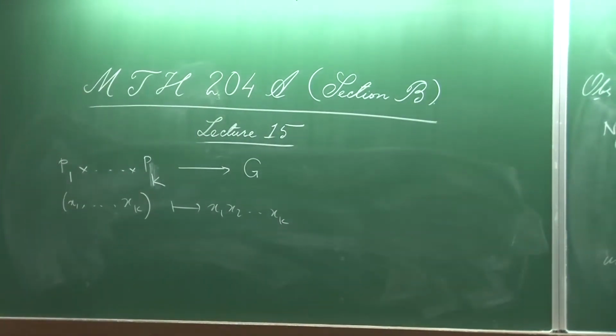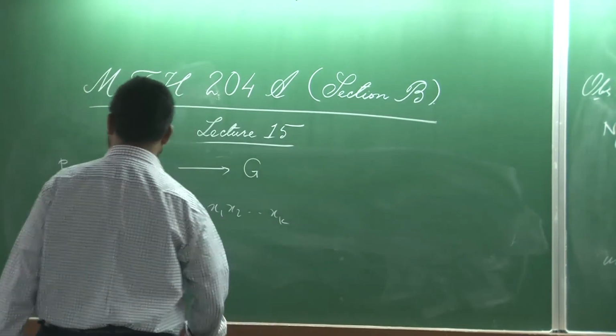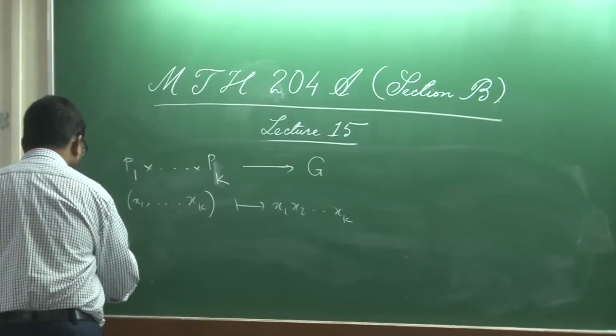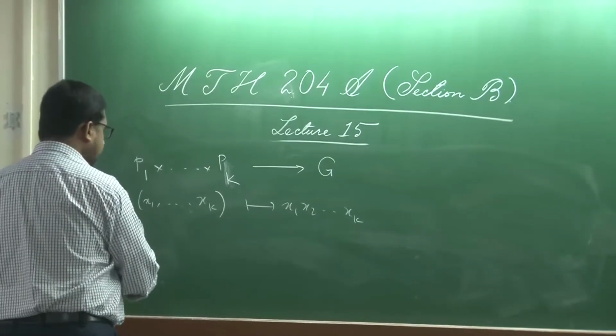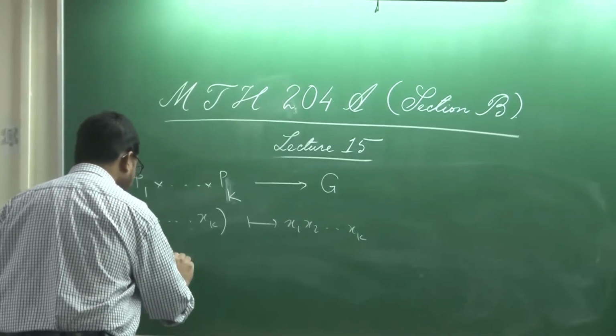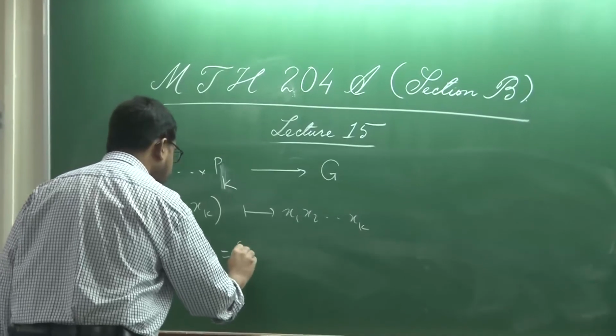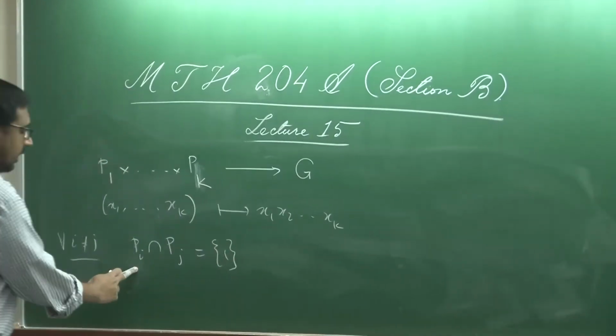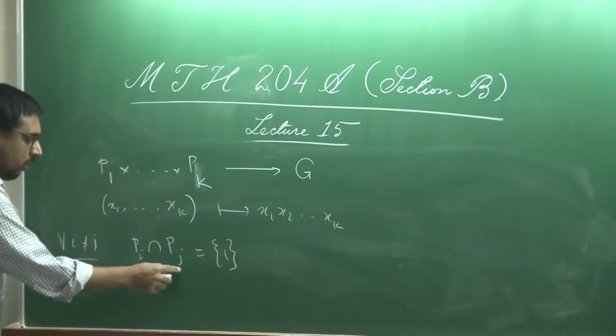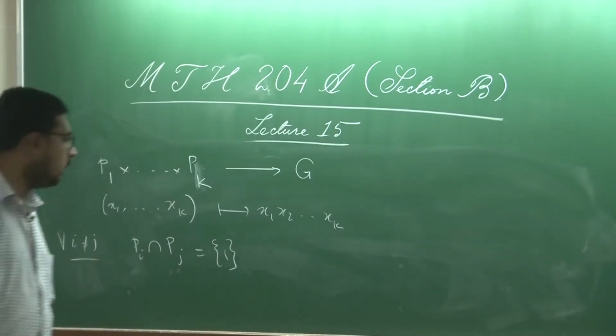So for that, what do we have to show? First we will show the following: it is easy to see that for any i not equal to j, Pi intersection Pj is trivial, because the orders of these two groups are coprime.